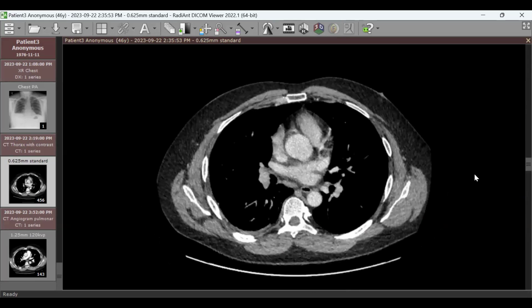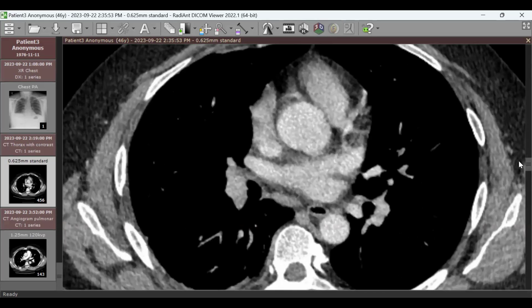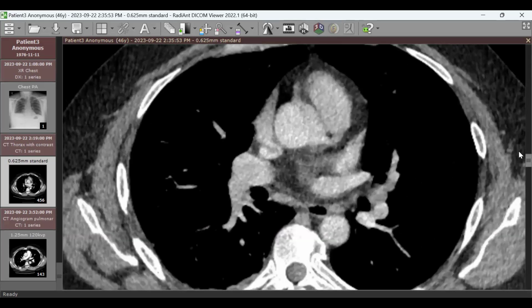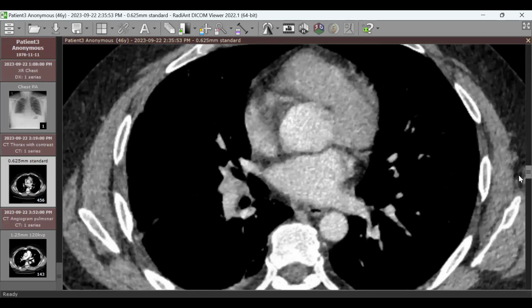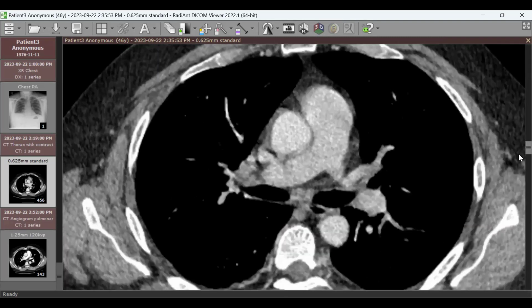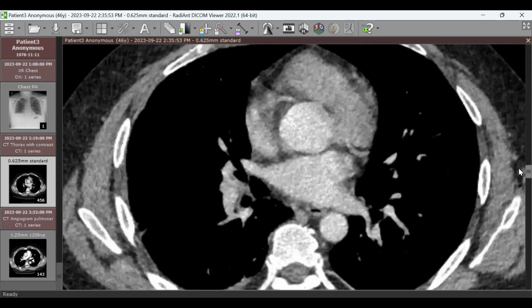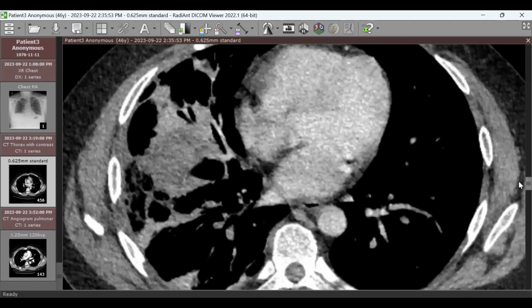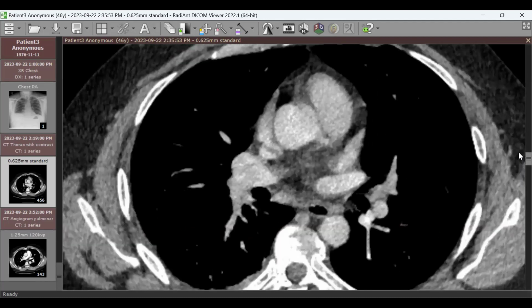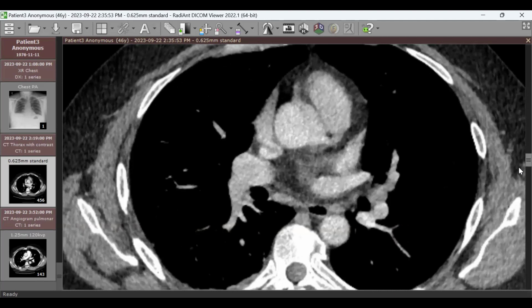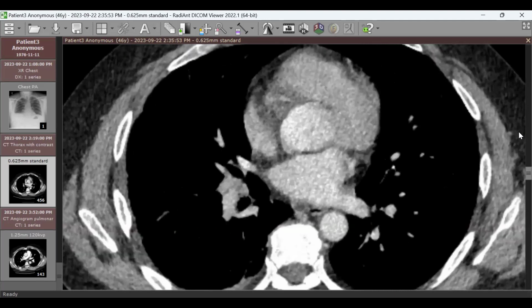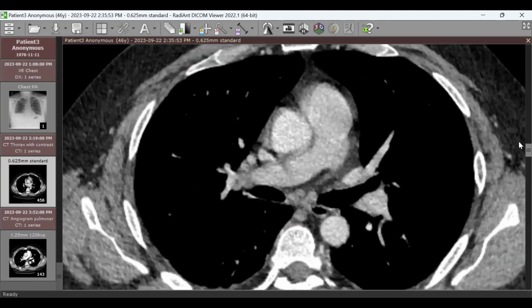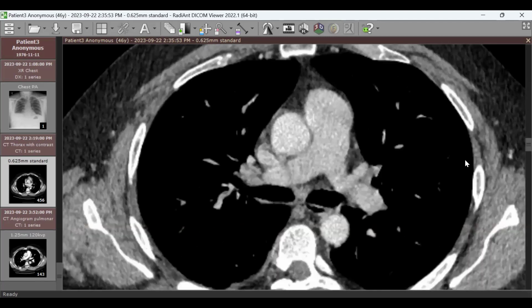I see there is a soft tissue nodule. Yes, this one, the right hilum, between the main bronchus and the right upper lobe. Okay. Which structure is this? So this is the right pulmonary artery, right?